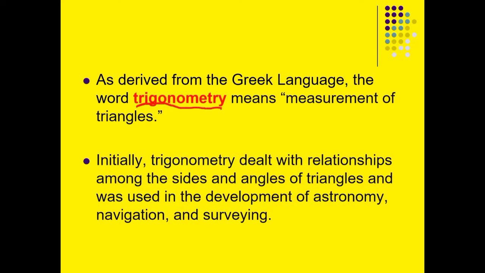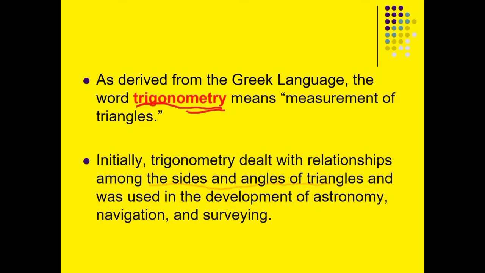From the word trigo, meaning triangle, and metron, meaning measurement, we are dealing with the measurement of a certain triangle. Trigonometry is all about the relationship among the sides and the angles of a given triangle.